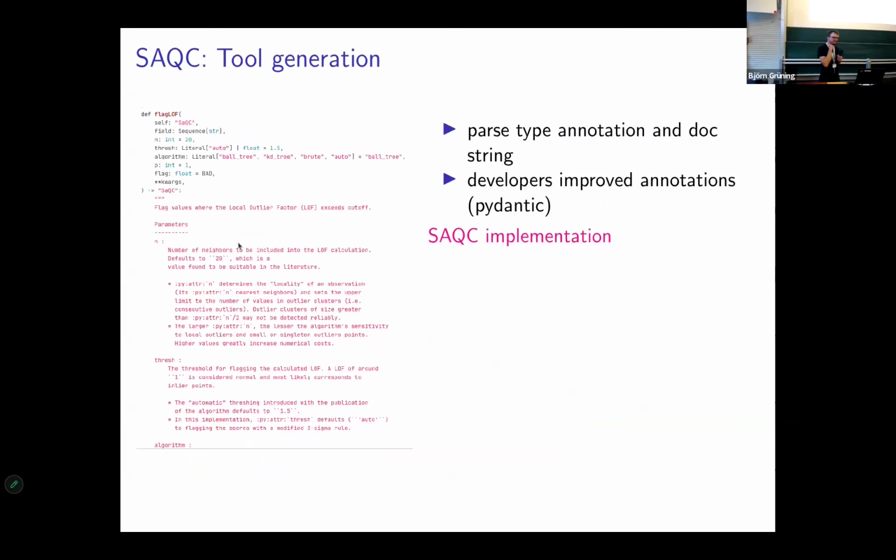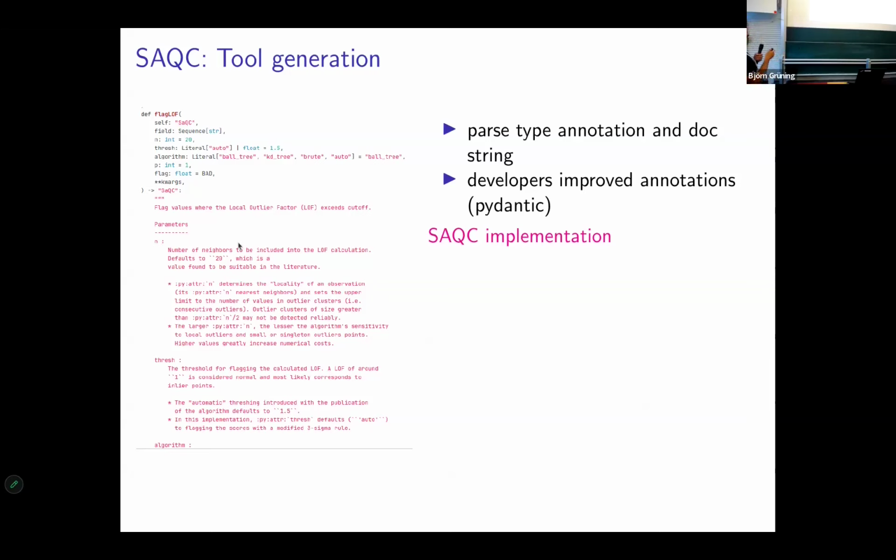So what have we done? On the left, you basically see one of the Python functions of SAQC. And as you see, the developers did quite a good job in terms of annotating their software. They have type annotation for all the parameters, and they have quite a good help system.